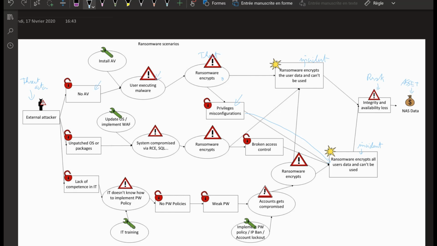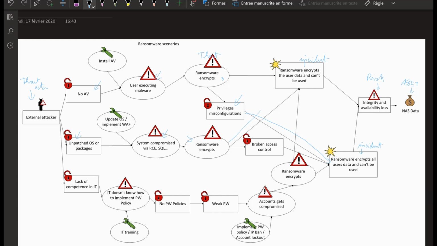Now let's talk about the second line. For example, we have an unpatched system or package. The threat is that our system is going to be compromised via a remote code execution or SQL injection vulnerability, for example. Then the ransomware is going to be able to start encrypting.